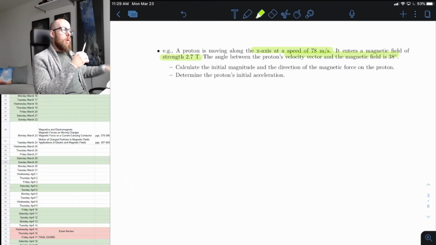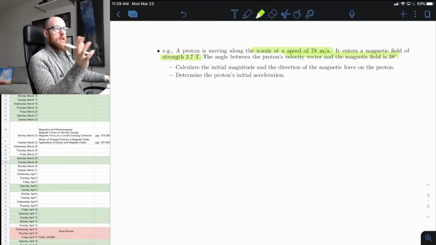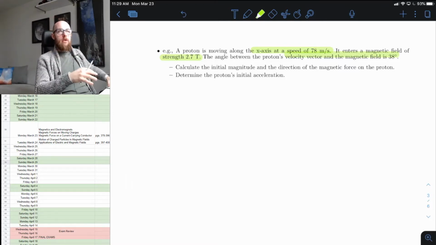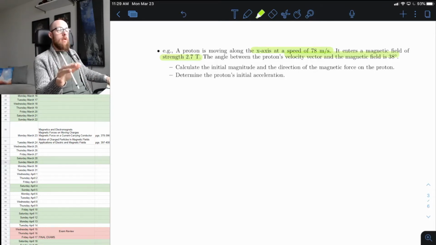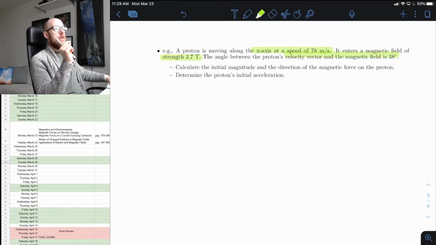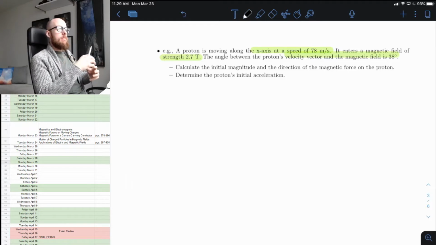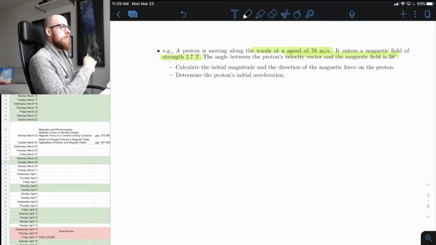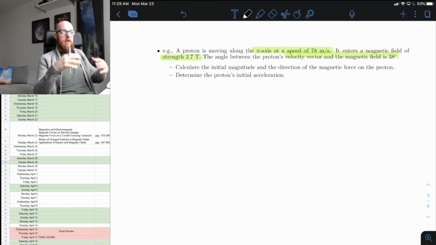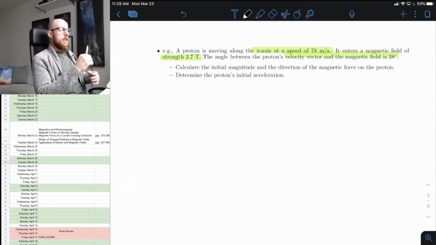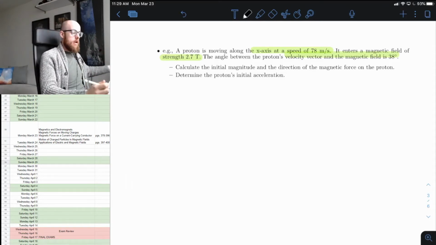What we're going to see tomorrow is a simplified scenario where we do let the particle go into the magnetic field and see how it moves. However, it's a pretty specific scenario that we have to build up to. But we'll definitely see what these particles do once they enter the magnetic field. We'll see that tomorrow.